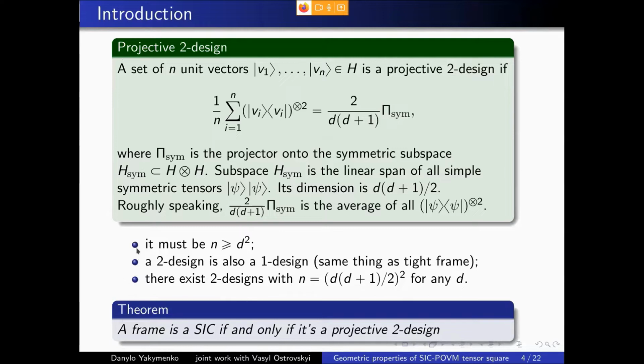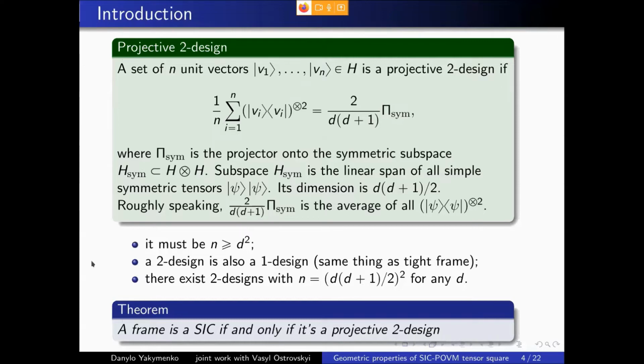And it turns out that a frame is SIC if and only if it's also a projective two-design. So SIC is optimal from some other viewpoint, right? So this is why it's such an interesting object.